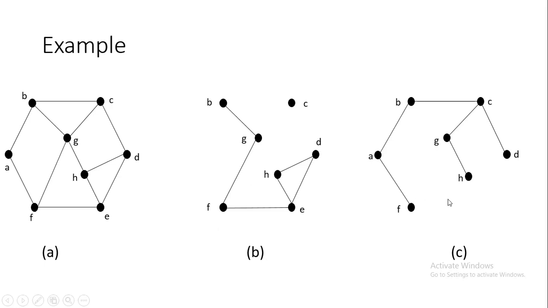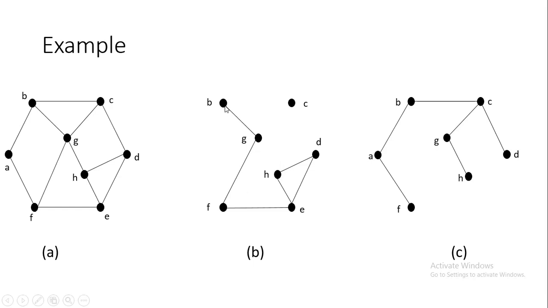Then another term, represented in figure C, is the complement of the subgraph, represented by G double dash. So what is this complement of the subgraph? The edges present in the complement G double dash are those which are not included in the subgraph. Understood?